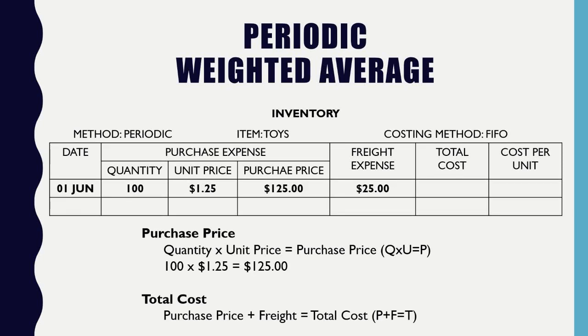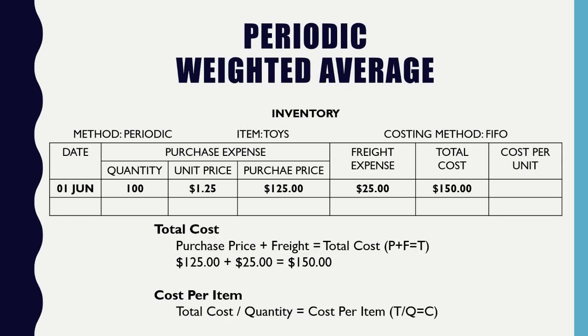So you plug in your purchase price, which is quantity times unit price, giving you 125, plus your freight of 25, which gives you a total cost of 150. Because we assume this is the only batch available, or if we do intentionally sell it, we need to know what the average cost is.